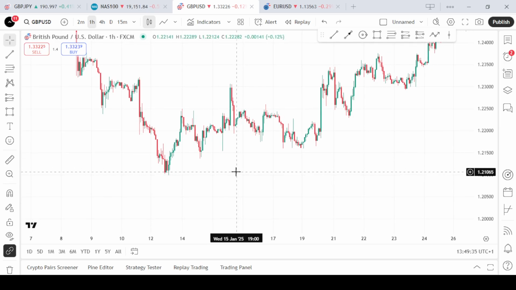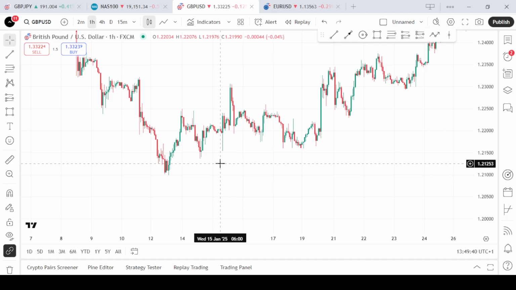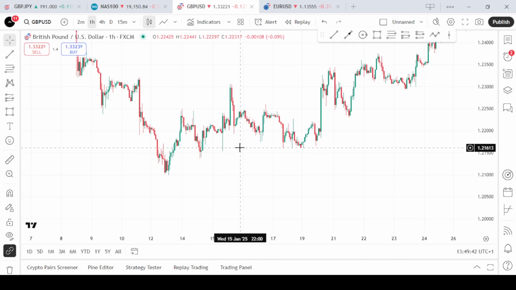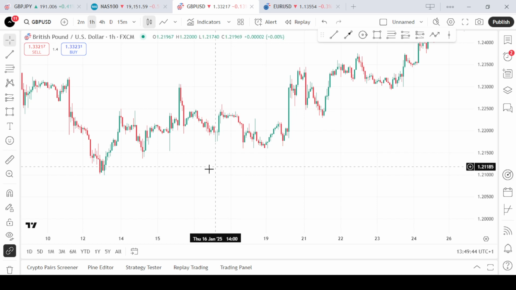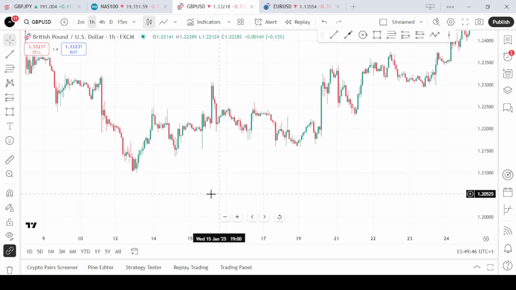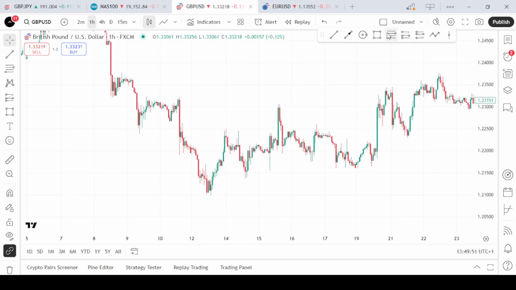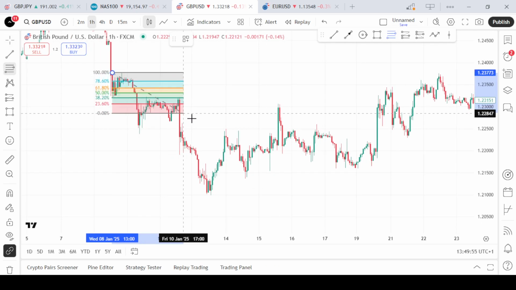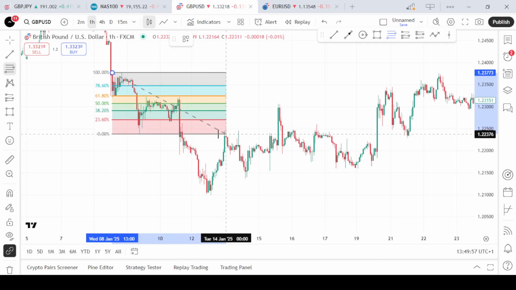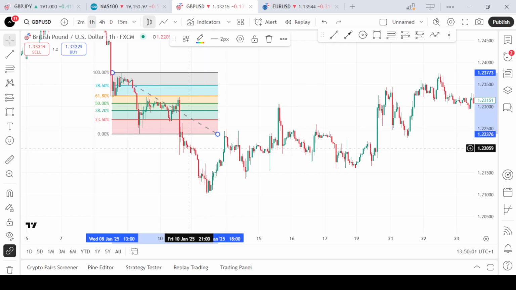Now, we start by understanding what the golden pocket is, and this is a specific area in your chart that traders watch closely for potential price reversal. It's found using the Fibonacci retracement tool, which helps you to measure how far price has moved from a recent swing high to a recent swing low, or vice versa.